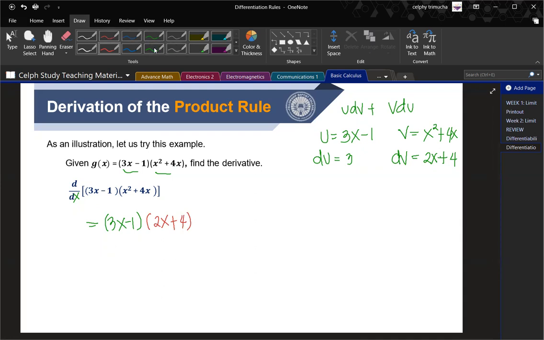Then plus v du. So copy naton v. V naton will be x squared plus 4x. Then naton nga du is 3. So multiply ito siya by 3.